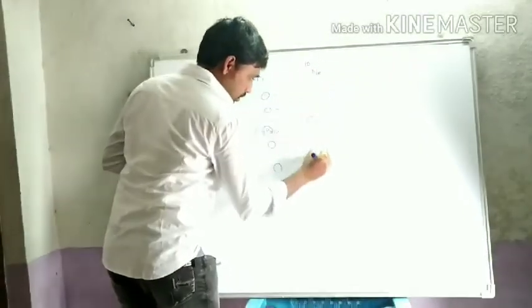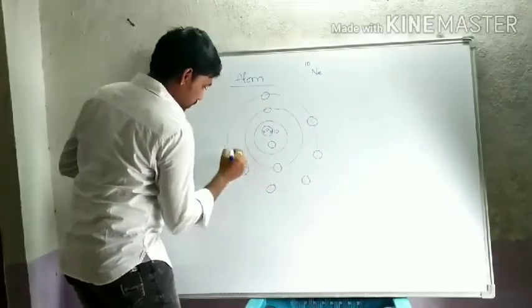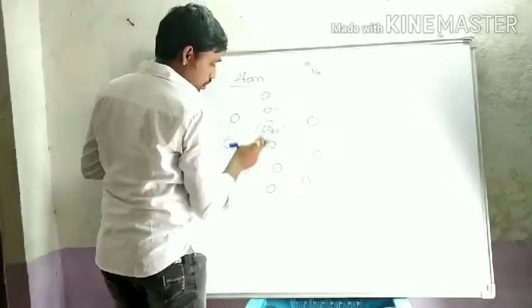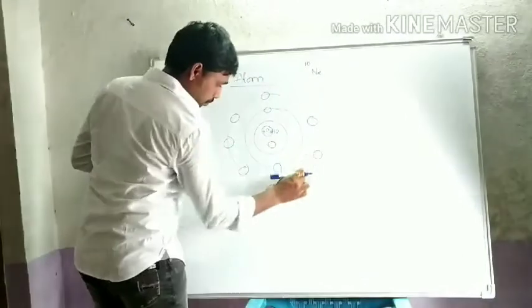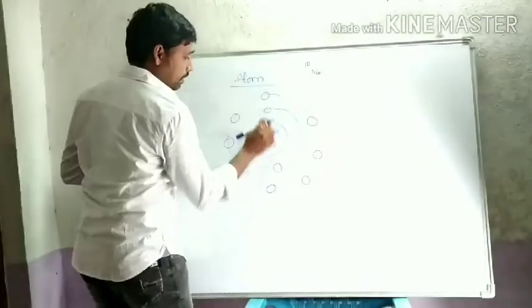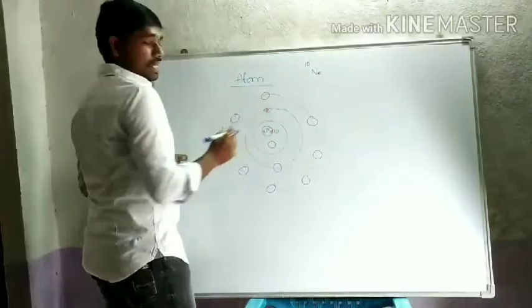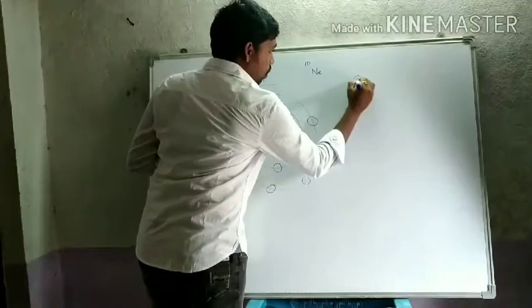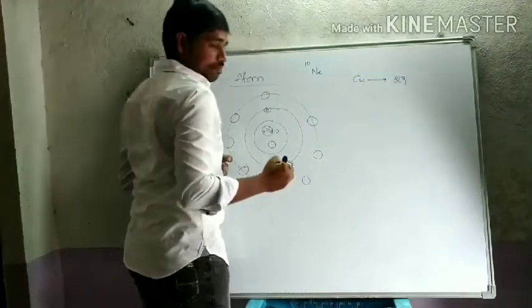So 1 2 3 4 5 6 7 8, and along with these, 2 electrons, totally 10 electrons are present in the atom.